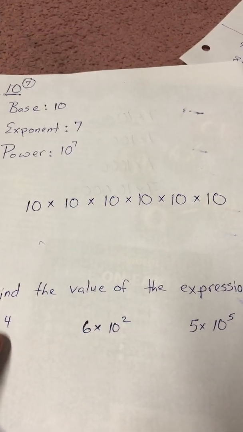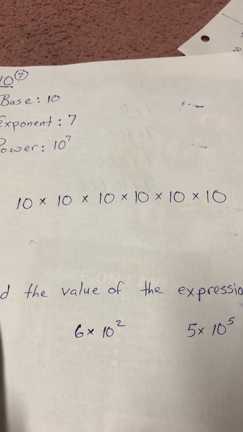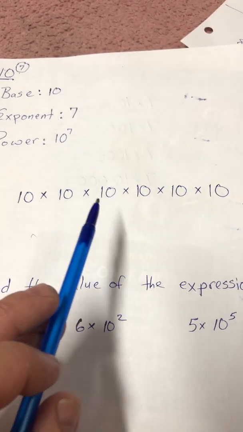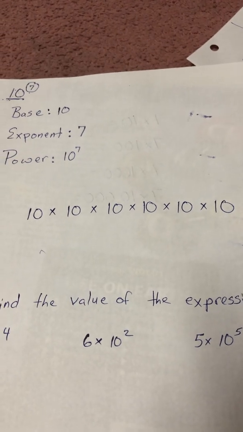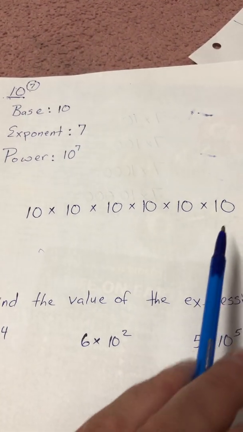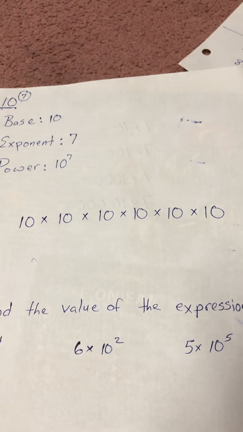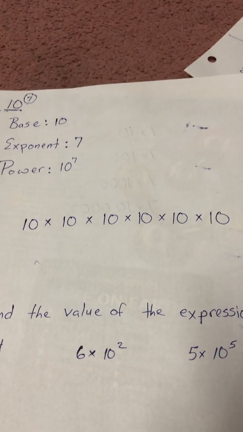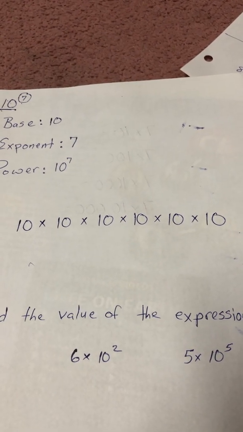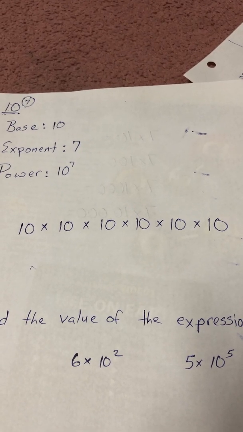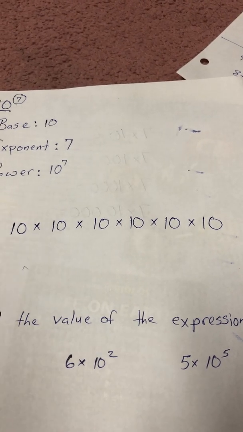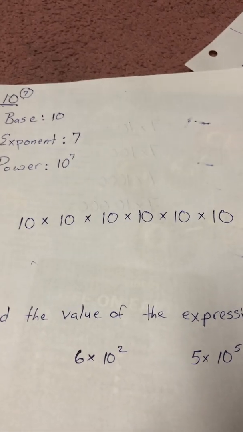So that's pretty self-explanatory. Now, when we get something like this, 10 times 10 times 10 times 10 times 10 times 10, it's going to ask you to write a number like this as a power. And essentially when you write things as a power or with exponents, you're basically saying how many times you are multiplying this number out.